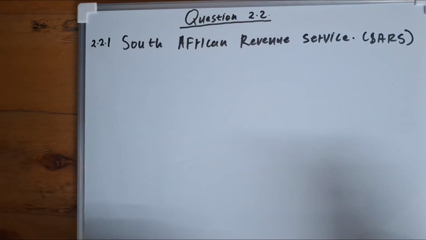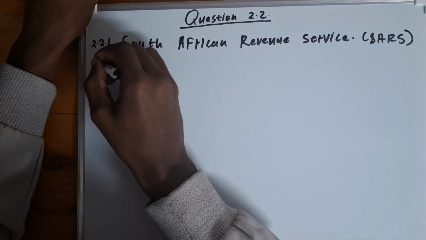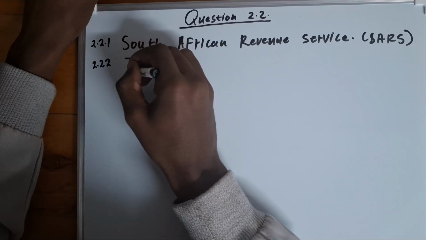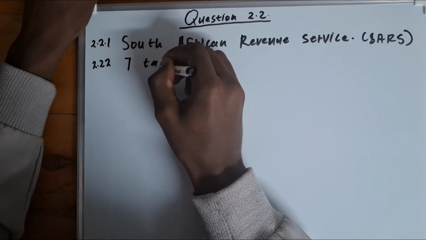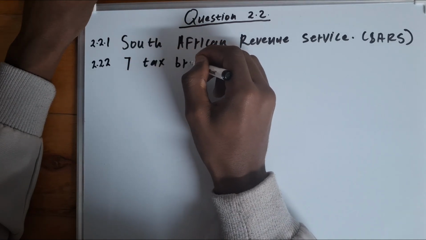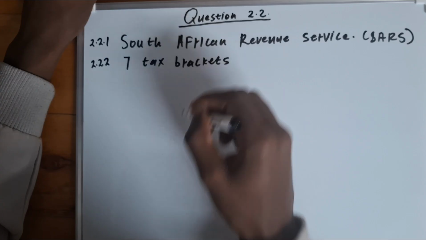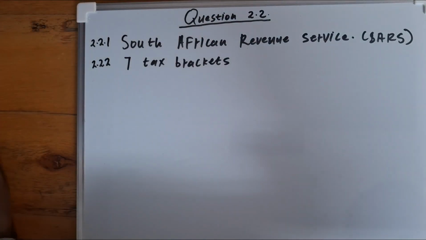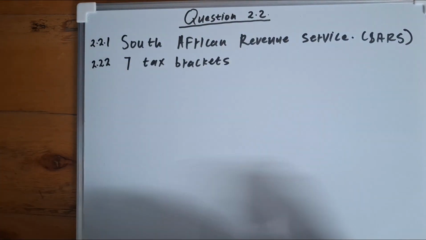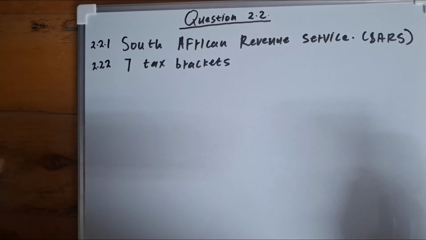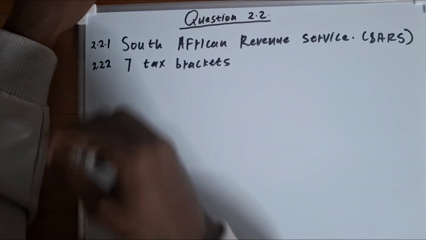So we can conclude that for question 2.2.2, we are having 7 tax brackets. I hope everyone is following, and if you're following, just consider to hit that like button.